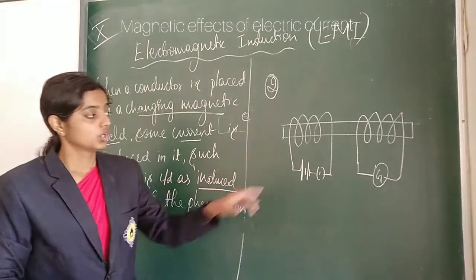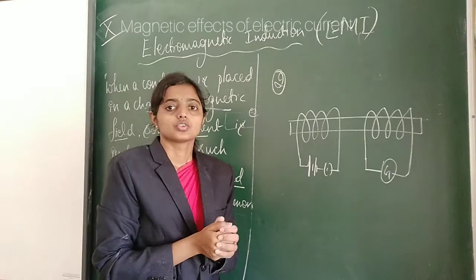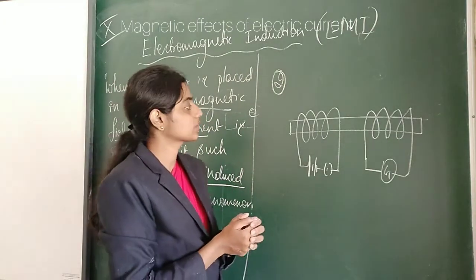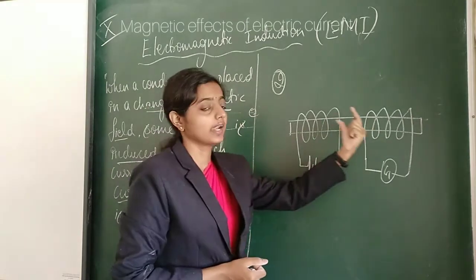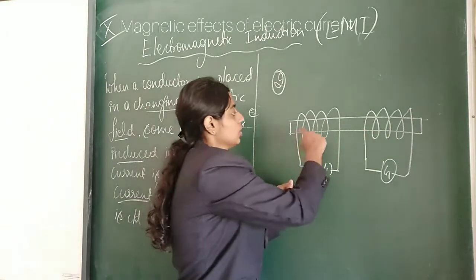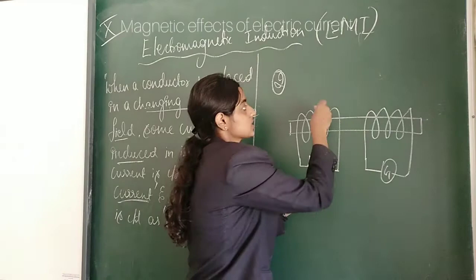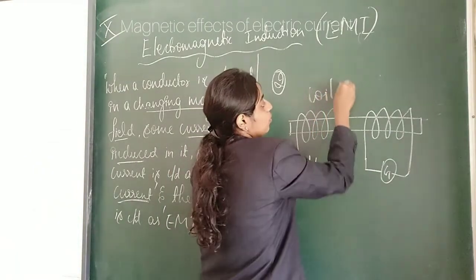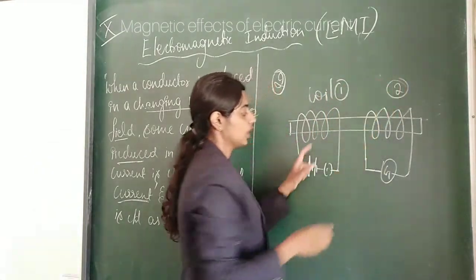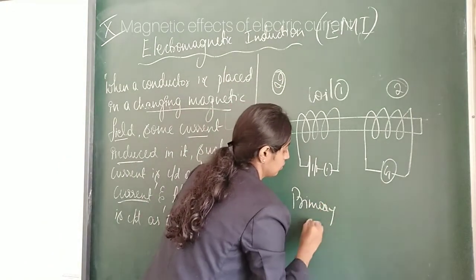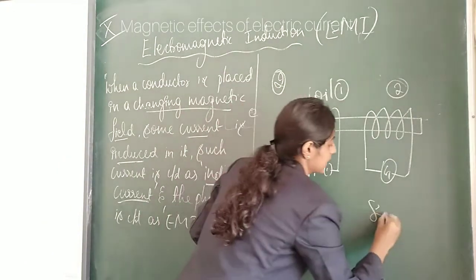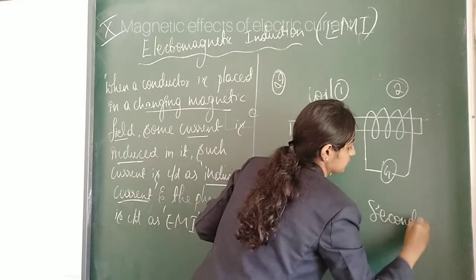Now just look at this diagram again. The construction part of activity 2 is: we took one cylindrical roll, and on the same cylinder we have 2 coils. Let it be coil 1 and coil 2, and this one is called the primary coil and this one is the secondary coil.